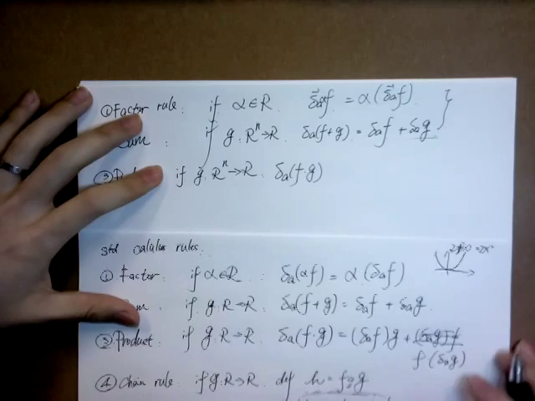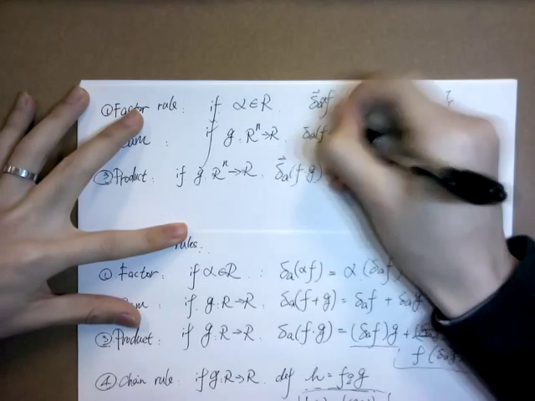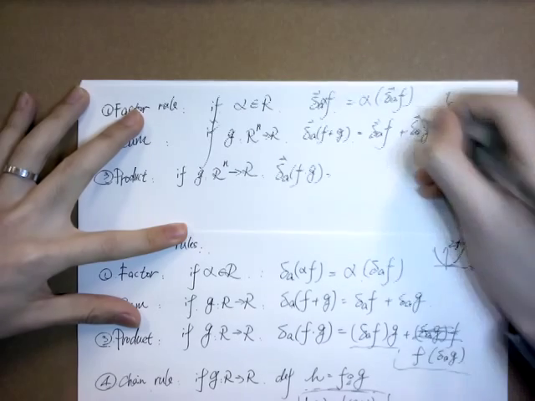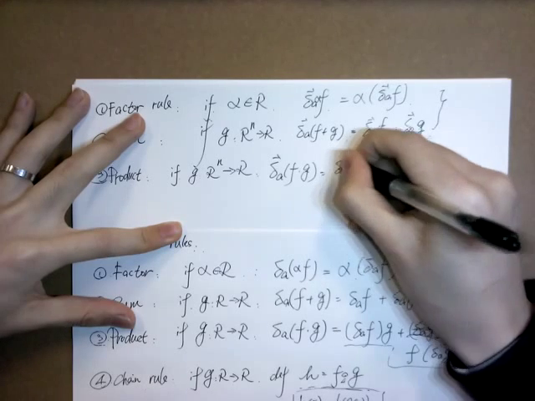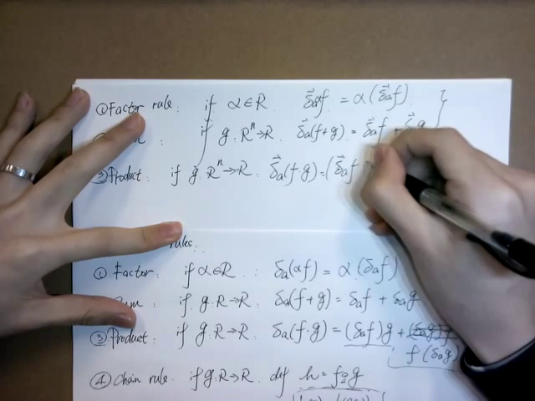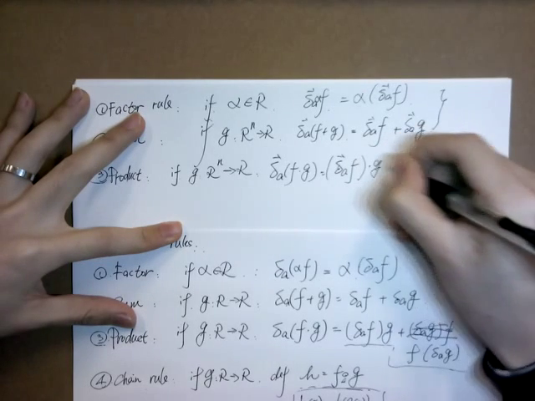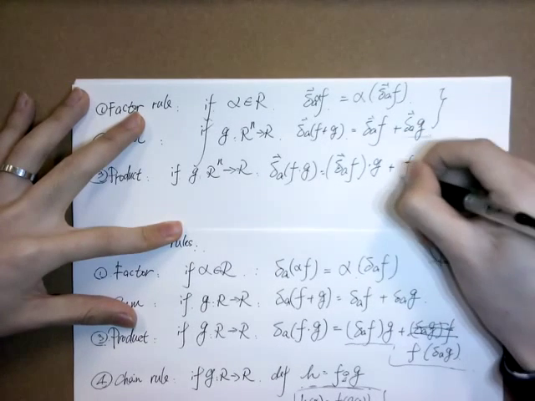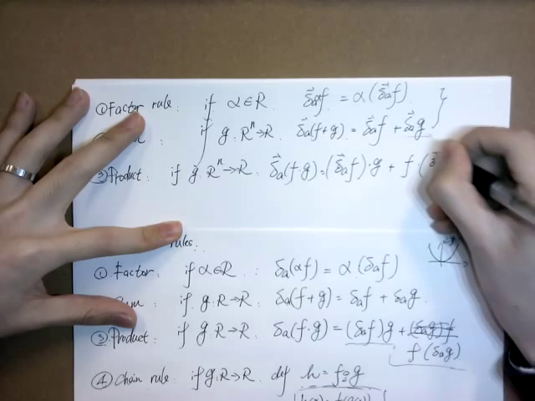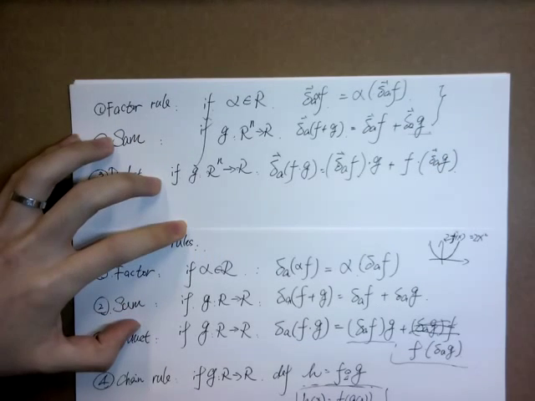So I will also copy the case over here. It looks like it's going to be this times g plus f times the total derivative of g.